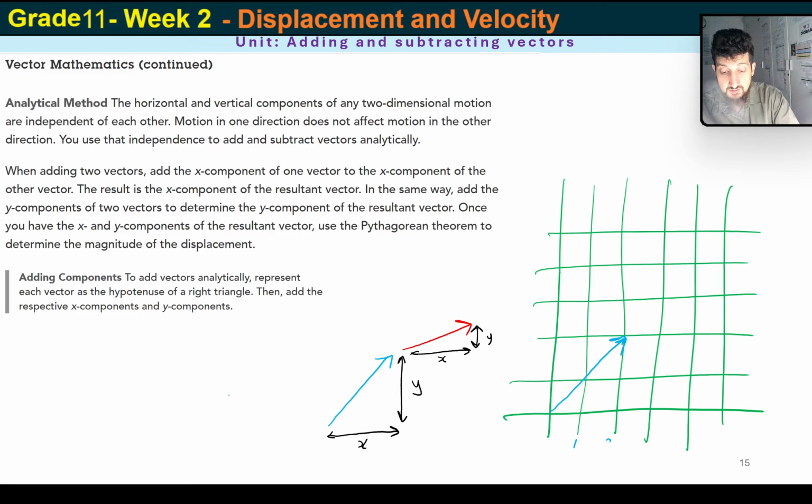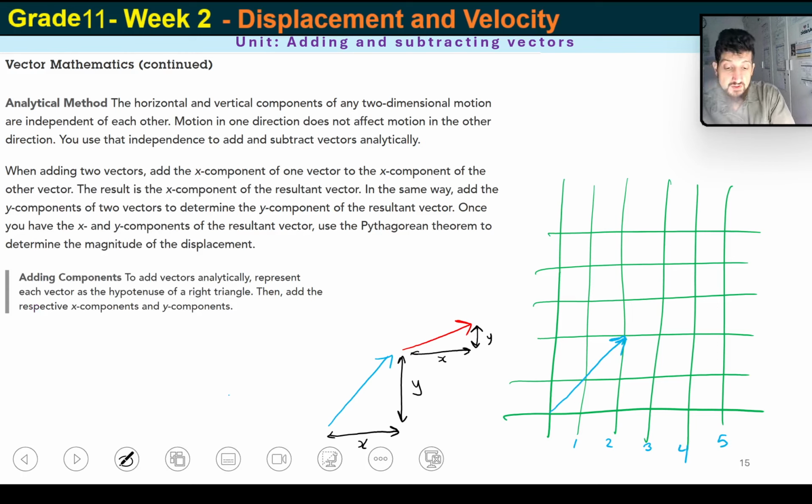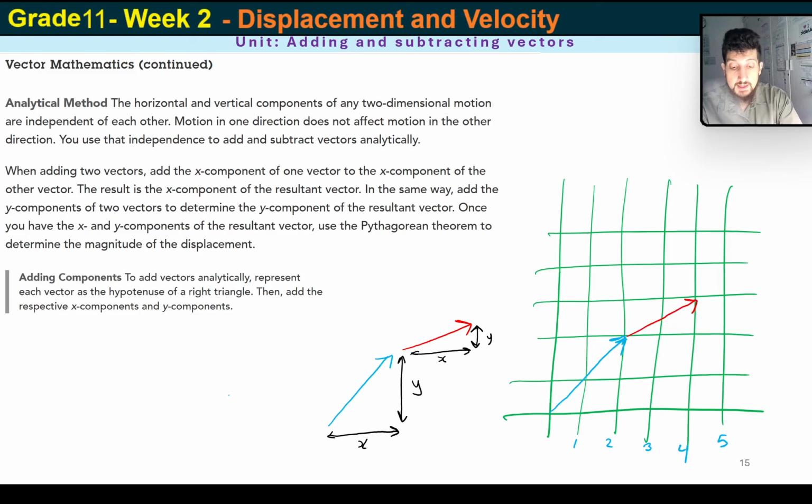So if we put some labels here, it has a length of 2, right? So that's 2 and 2. Well, the red one has a length of 1 and a width of 2. So that goes all the way over here, and that's 1 over here, and that's 2 over here.